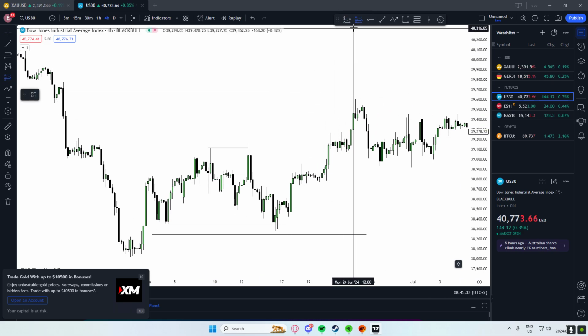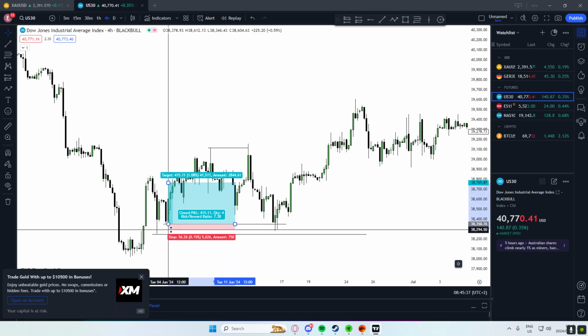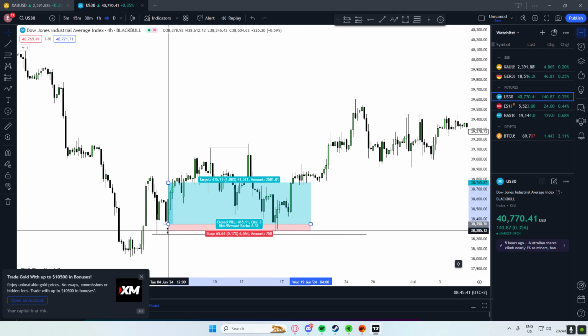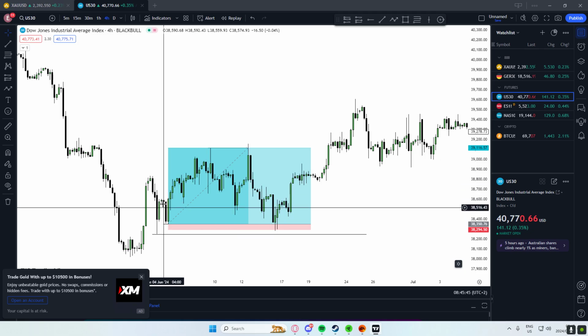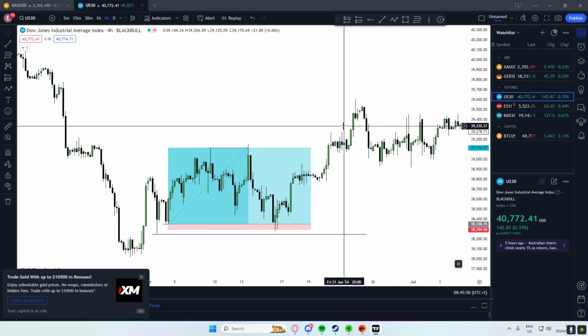Remember that when retail traders take trades, they put their stop losses below these swing points. Sometimes it doesn't push all the way down, but you will see that the market always does this. We always see a push below a level of liquidity and a push up away from liquidity.